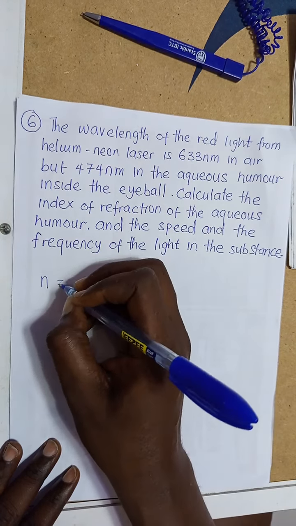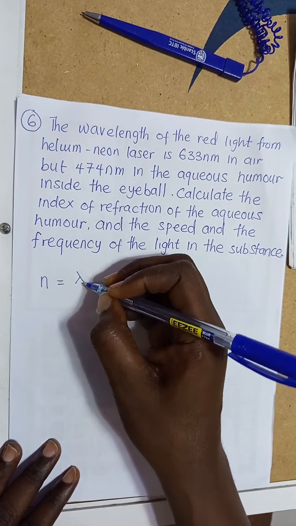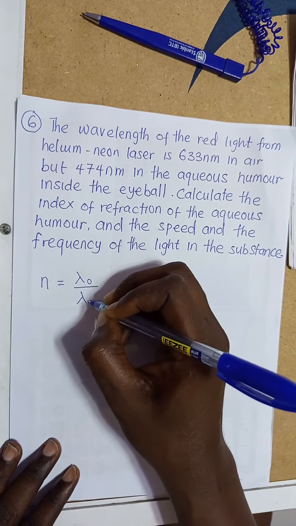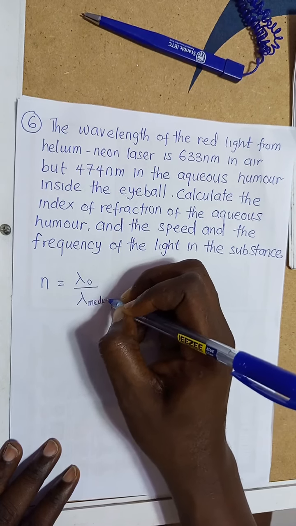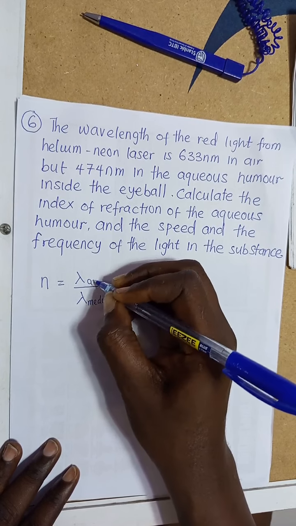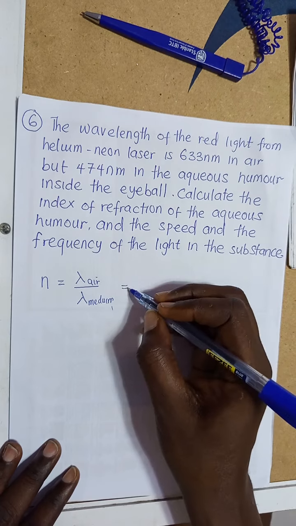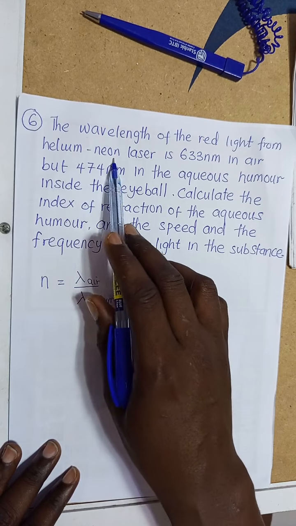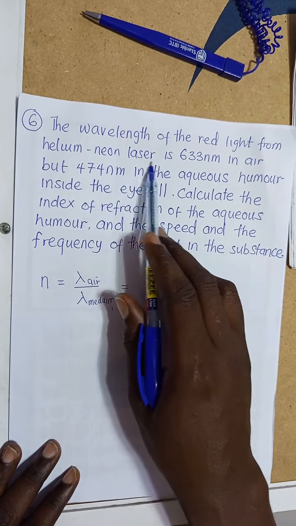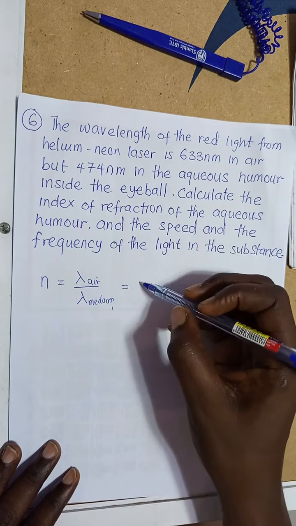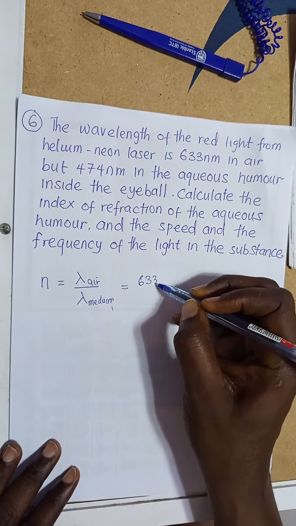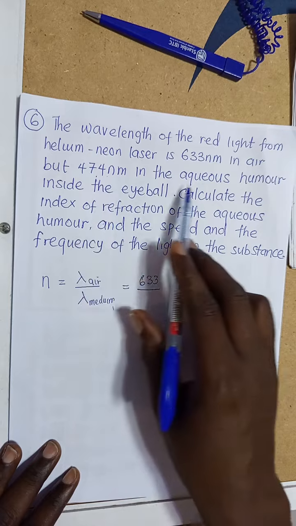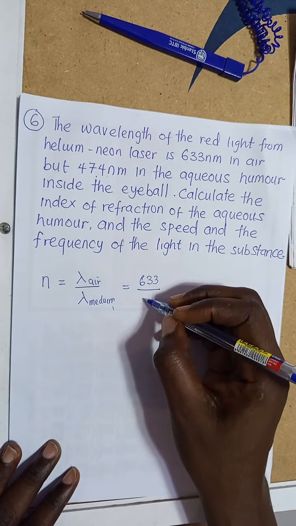Now, refractive index is what? Wavelength of light in air over wavelength of light in a medium. So in this case, they say the wavelength of red light of the helium neon laser is 633 in air, divided by 474 in the aqueous humor inside the eyeball.